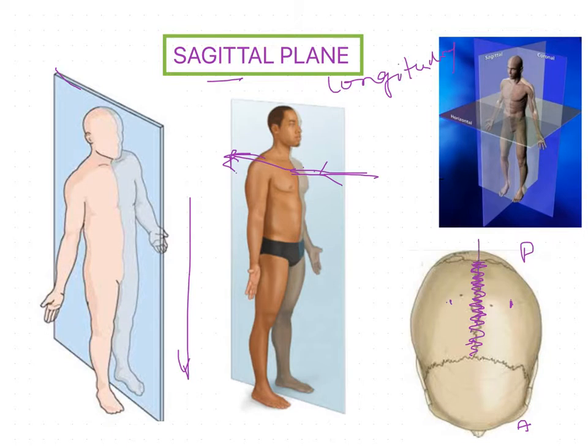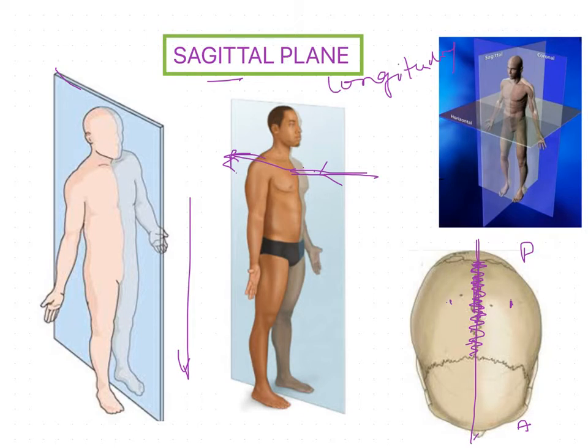If we cut the body in this sagittal plane exactly at the center, along the sagittal suture, which is exactly at the center of the body, the body is divided into two identical halves.